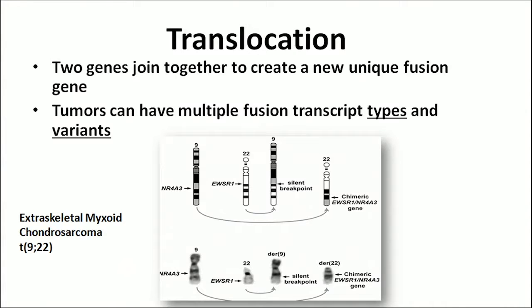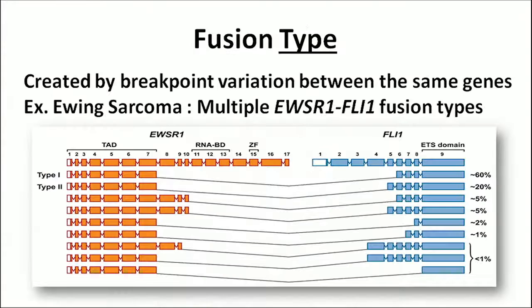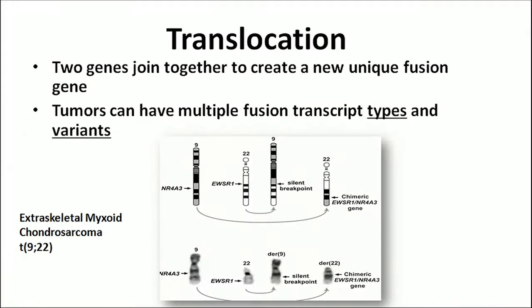The breakpoints occur in two different genes, and when these fuse, they create a unique fusion gene that then creates a protein that alters the signaling pathways within the cell, and encourages oncogenic transformation. In some cases, the transformation can be performed solely from having this single fusion gene there, and other times other helpers are needed.